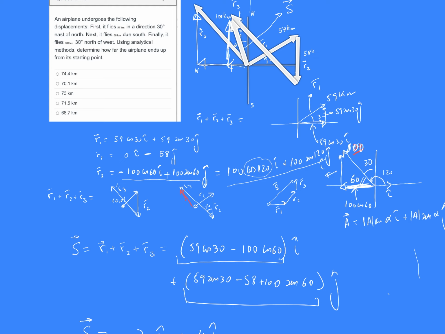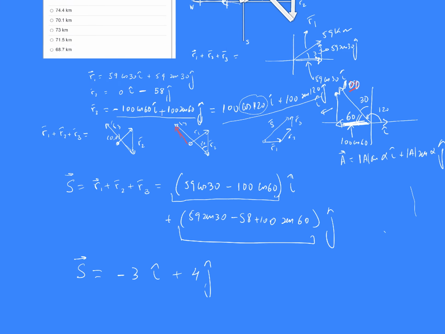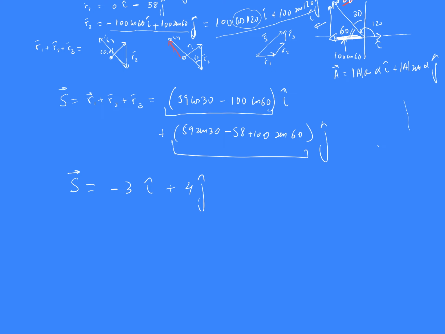The sum is this vector, it will be something negative plus something positive. So what is the length of this? I will find the length using the Pythagorean theorem. If this happens to be 3, which is not 3, I know, and this happens to be 4, what is the magnitude of the vector? The magnitude of the vector is the square root of ax squared plus ay squared.